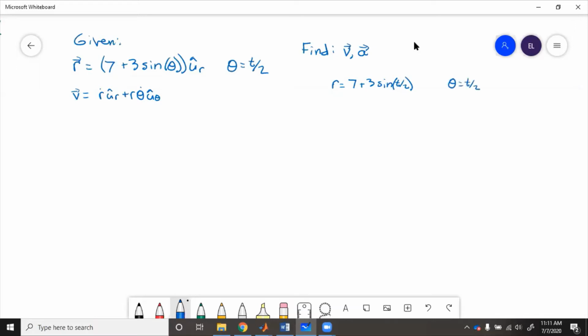So we just take the individual derivatives of these and plug them into the formula. Theta dot equals 1/2. R dot equals, derivative of 7 is 0, so we'll just have 3, but we use chain rule here, 3/2 cosine t over 2.